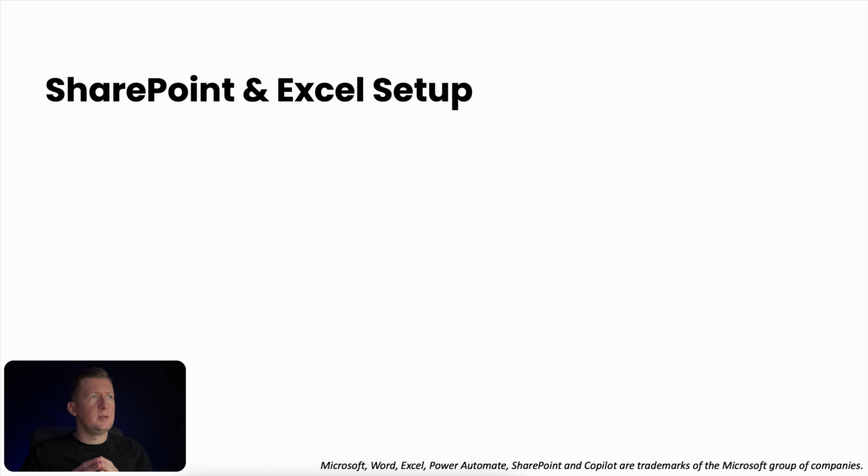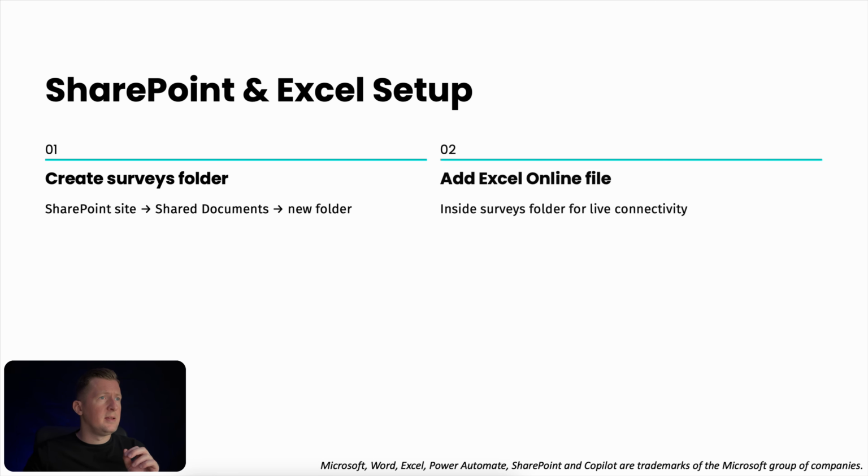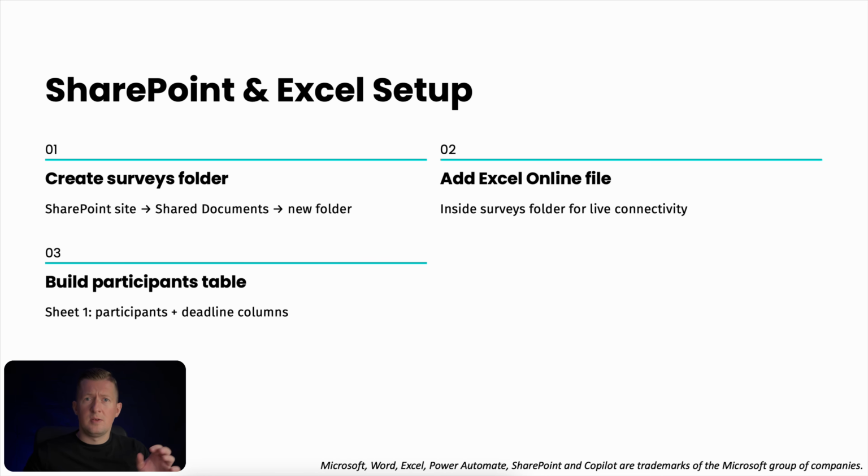How we can set up the SharePoint database and the online Excel. We are creating a folder structure first in the SharePoint site, the shared documents folder. We are creating a new folder called surveys, for example. Then adding an online Excel file. On sheet number 1, we are adding a small table with the participants' email addresses and the deadlines for their answers.